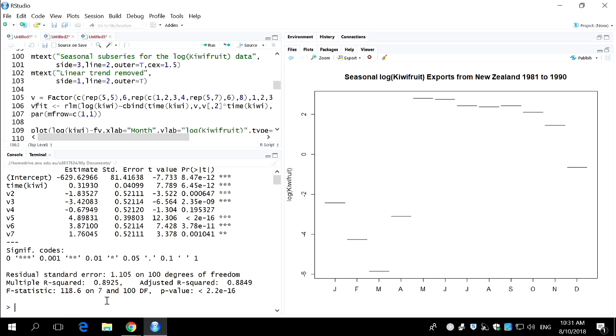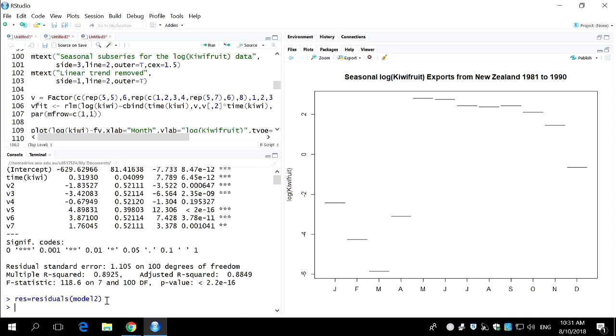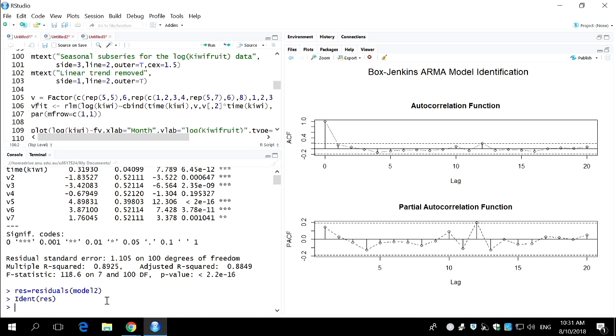Let's say res equals residuals from Model 2. Now let's do a Box-Jenkins identification and see where we're at. There's your ACF at the top, there's your PACF. Something a little weird happens here.